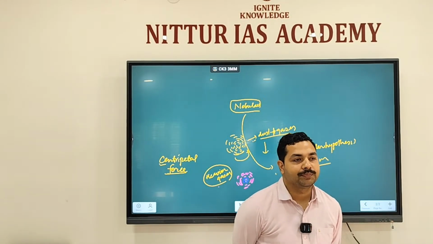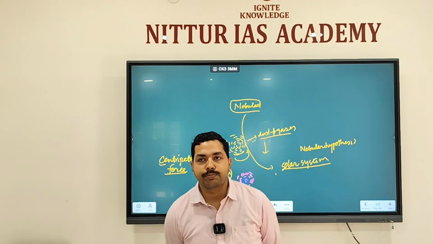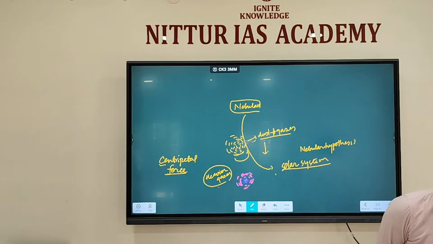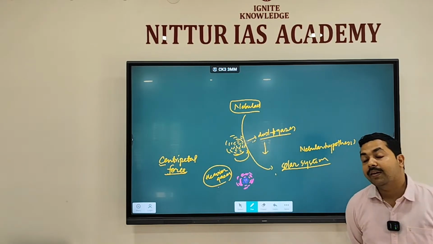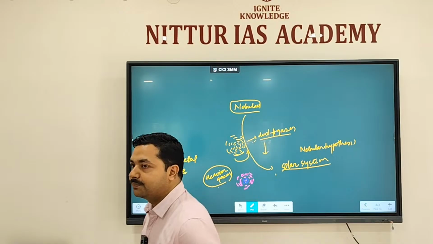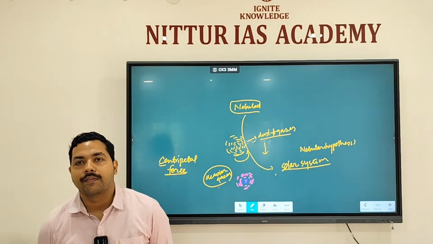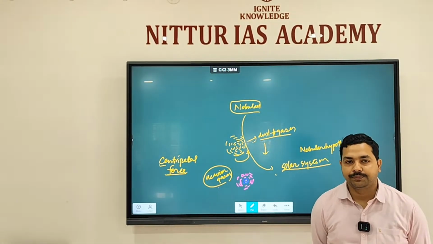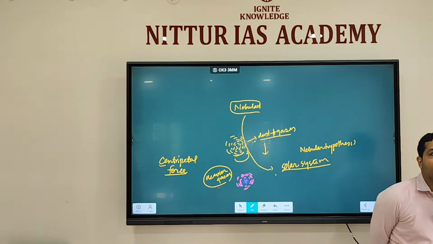Which force? How is the centripetal force pulling the heavier part and not pulling the lighter part? Is this because of the larger space they occupy?